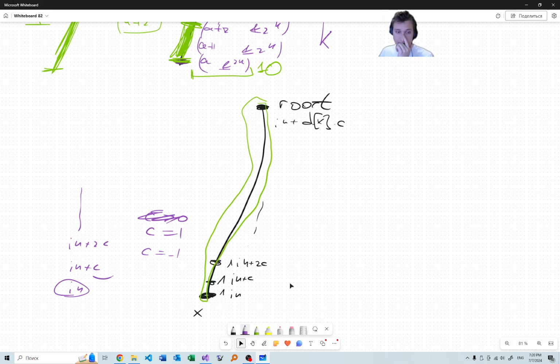Okay. What now? Now we have a path which goes up. If in is 0, it is kinda easy because we just return some prepared answer.